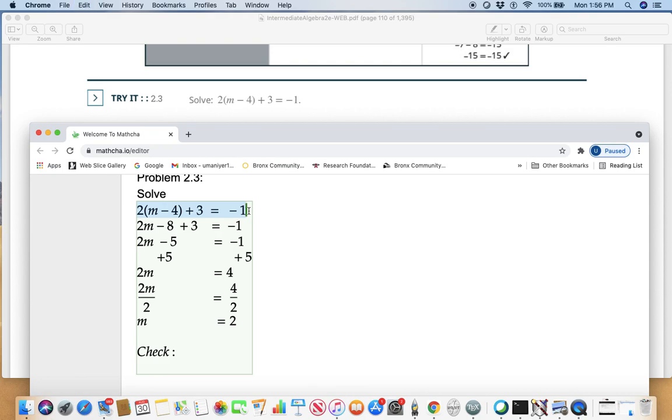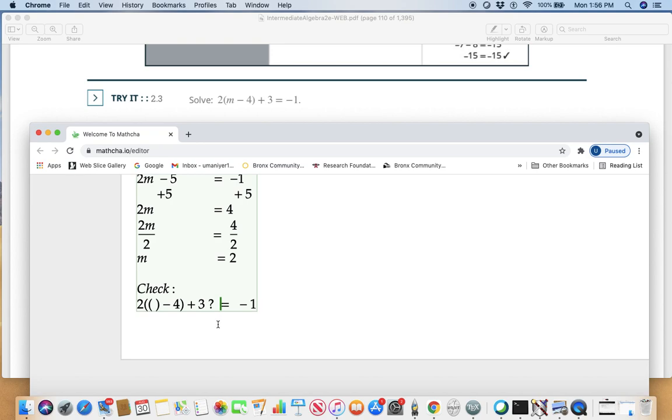How do we check? Wherever you see the variable, write an empty parenthesis and you are going to check. This is a question equality. That empty space is going to be 2.